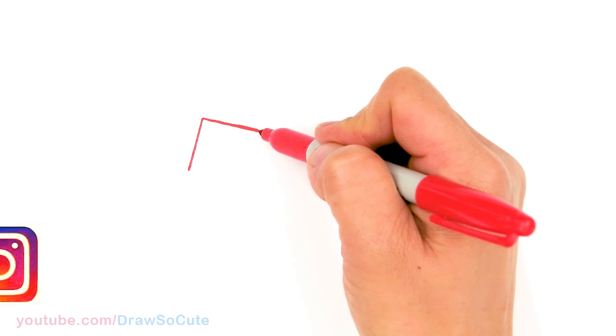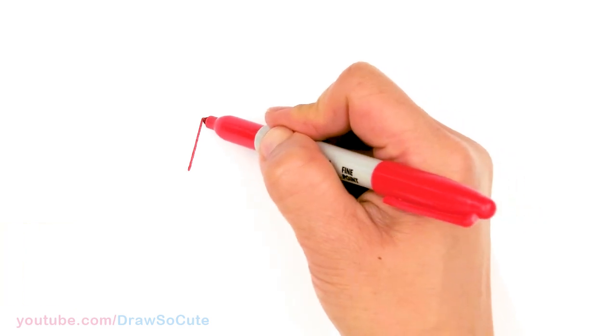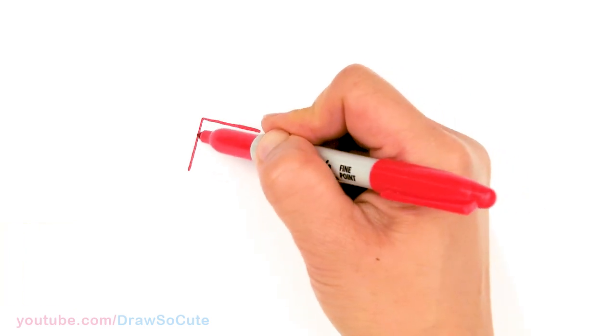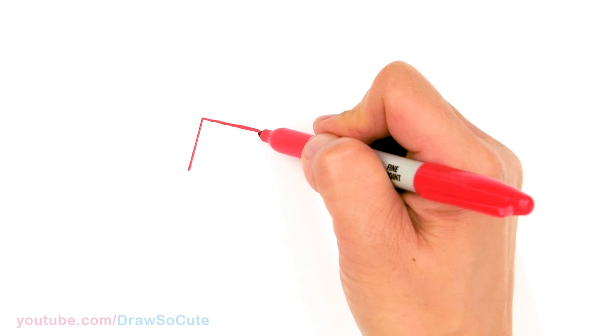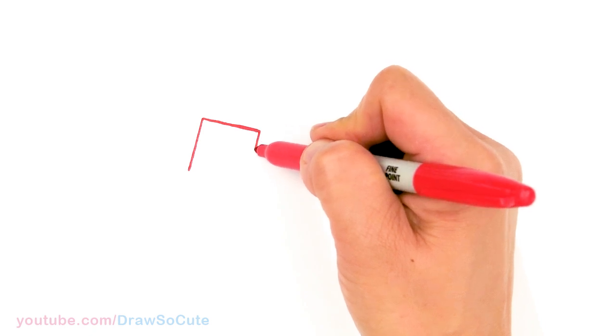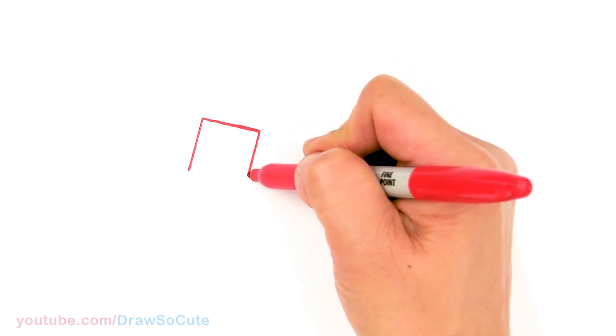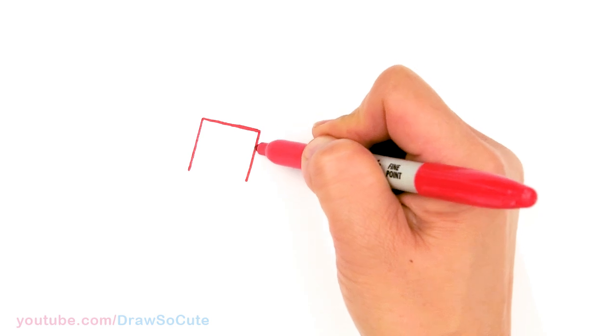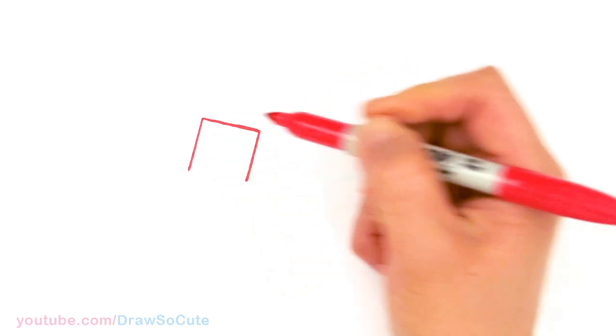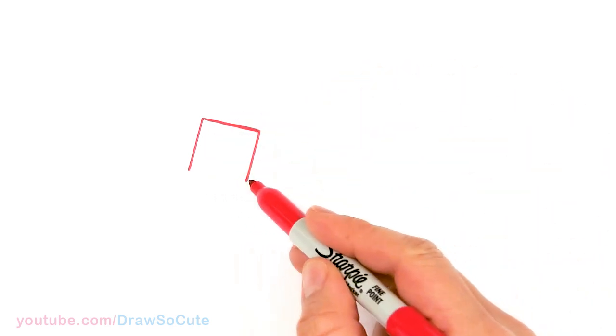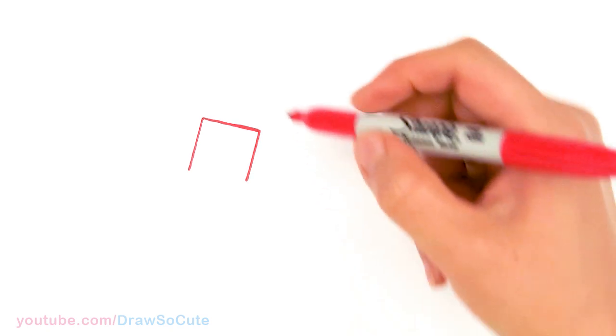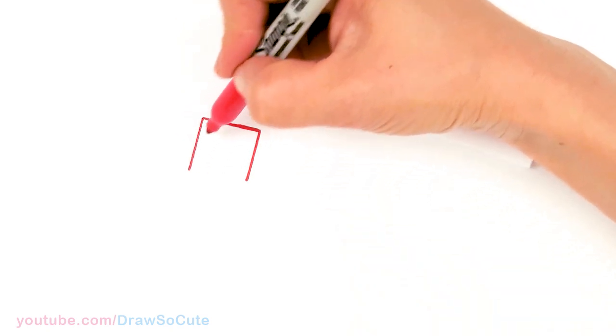And then from there, I'm going to draw another angle. So just make sure this angle is going to match this as you come down. So I'm just trying my best right here to create the same angle. It's going to angle right there. So then now I can go ahead and connect it.